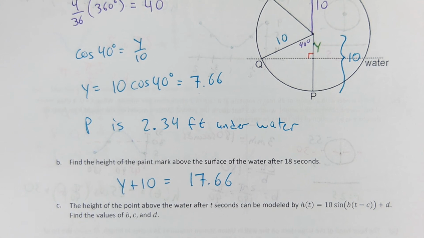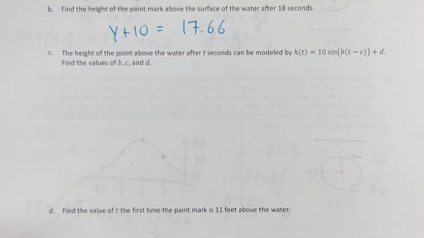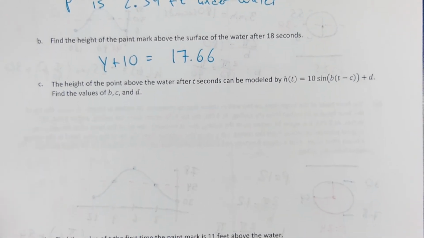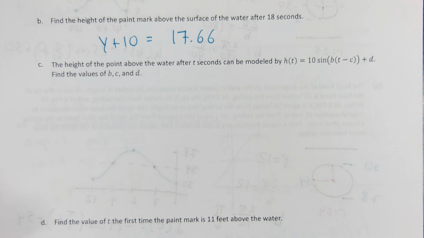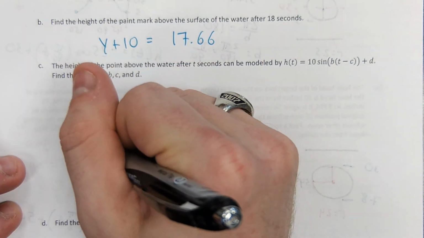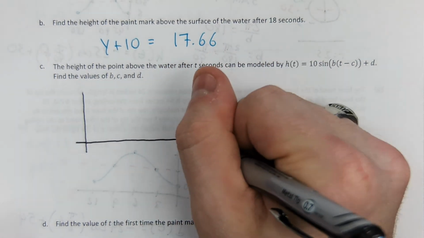Part C wants a sine model for the situation. What? Okay, don't rush me. Let's fill it out. And the way we're going to do that is plotting some points. We know it took us 36 seconds.